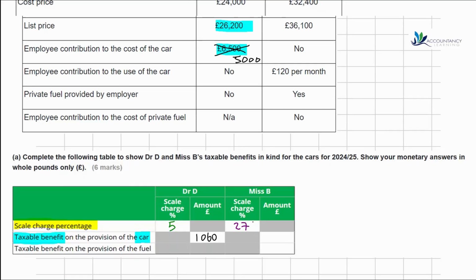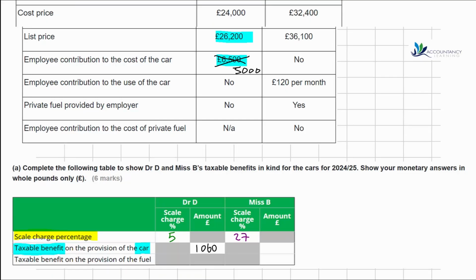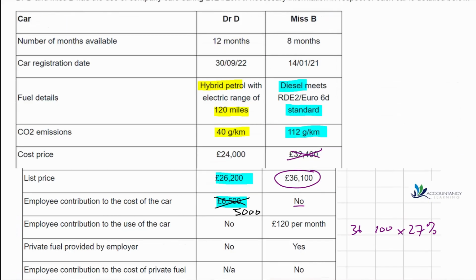And then we can also work out what our taxable benefit will be. Remember, we want to ignore the cost price. We're focusing on the list price of the 36,100. There was no capital contribution in this case, so we take that 36,100 and multiply by the 27%. But notice in this case that the car was only used for 8 months.